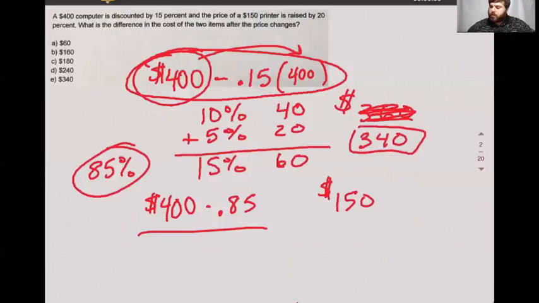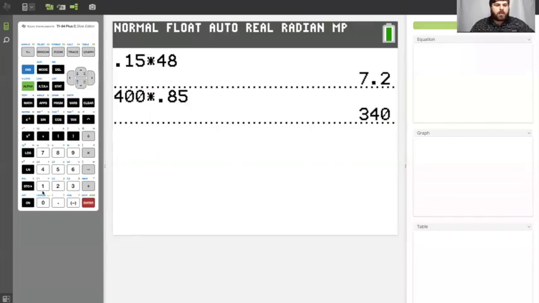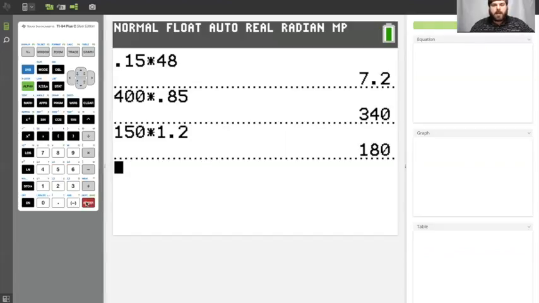So if I just multiply this by 120%, or in other words, 1.2, I should get my new cost. Let's try that on the calculator here. 150 times 1.2 gives me 180.